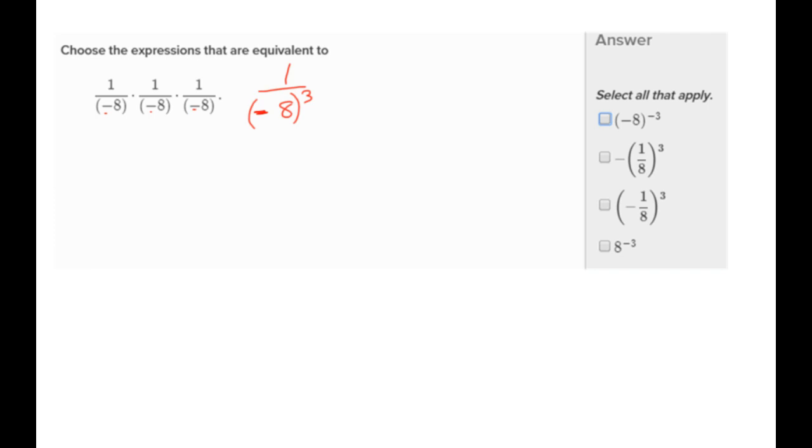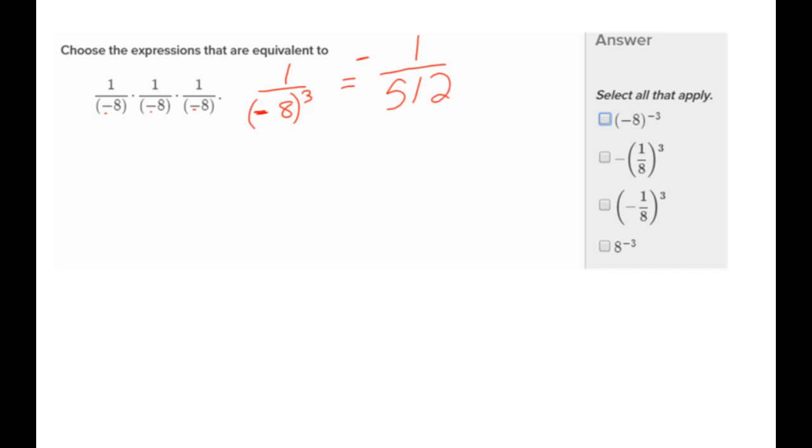The final answer is going to be 1 over a large number, 64 times 8. Is that 512? We did it earlier in a different video. But if I multiply it out, it would be 1 over 512, and the result would be negative. So it would be a negative 1 over 512.